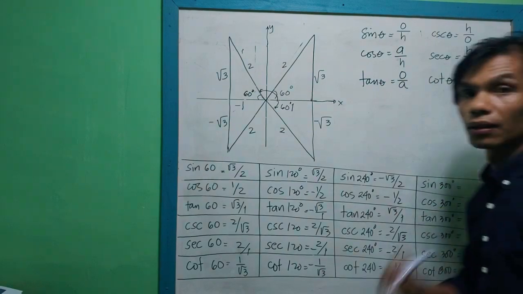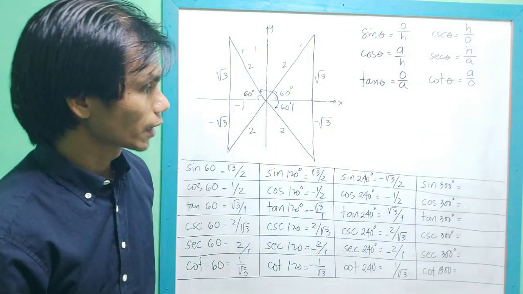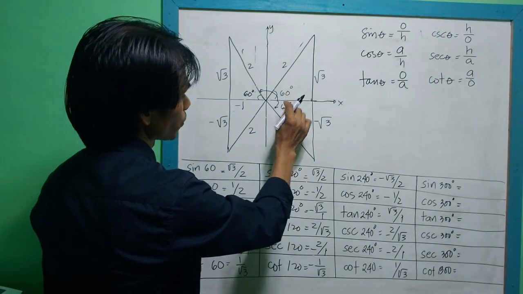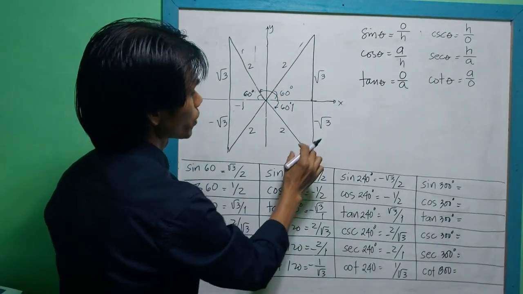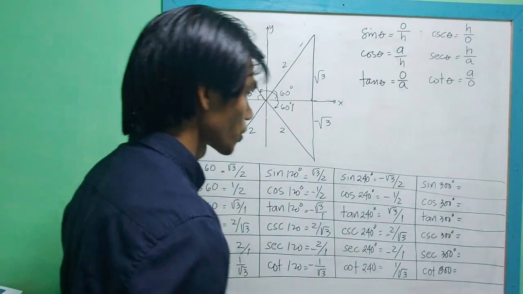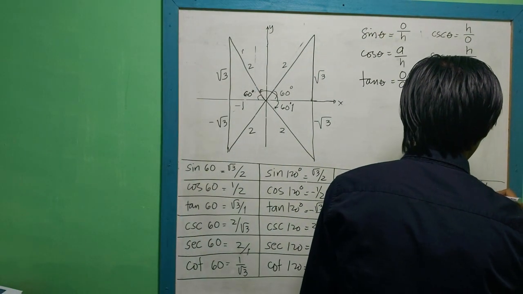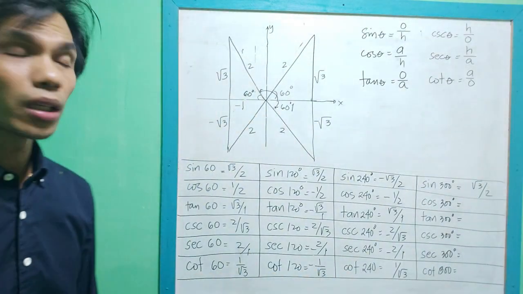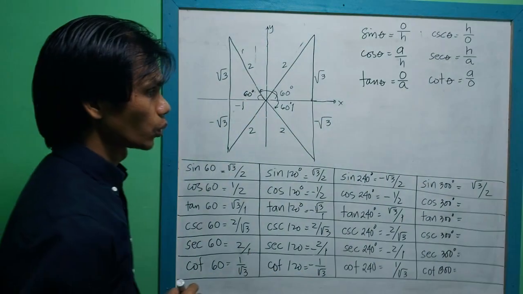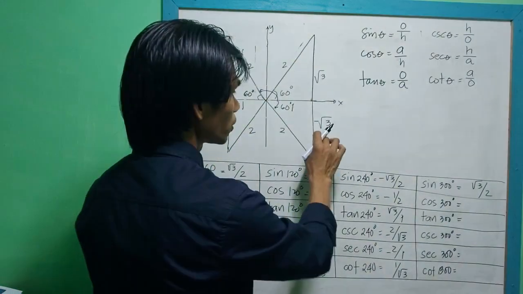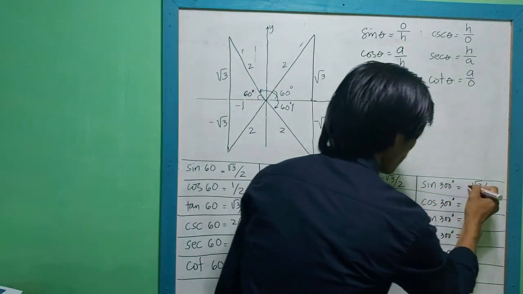Ayan. Now, tingnan natin. Sine of 300. So, kung ito yung angle natin, opposite over hypotenuse. Okay, that is square root of 3 over 2. Pero, yung square root of 3 natin is negative.